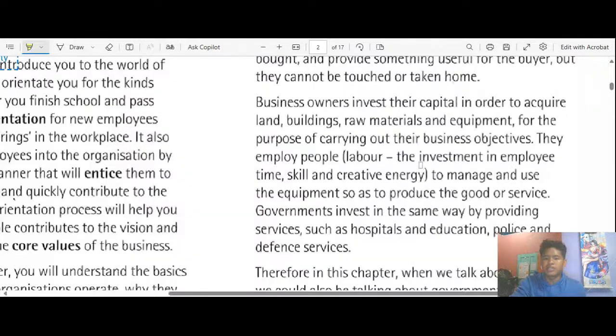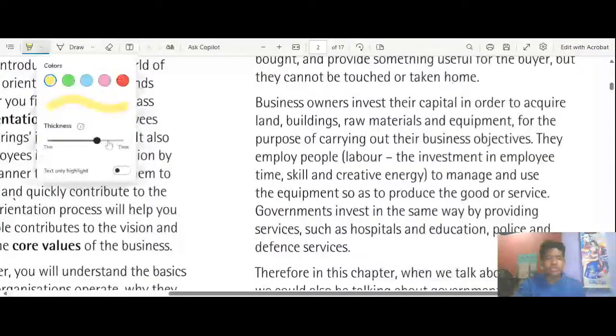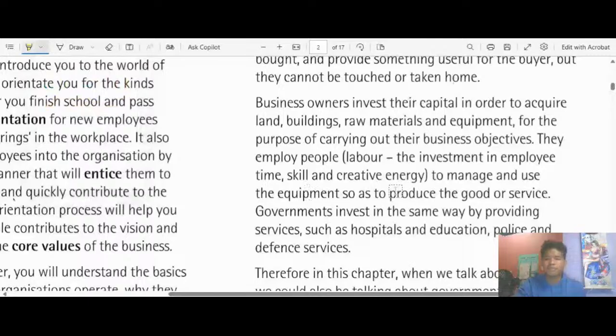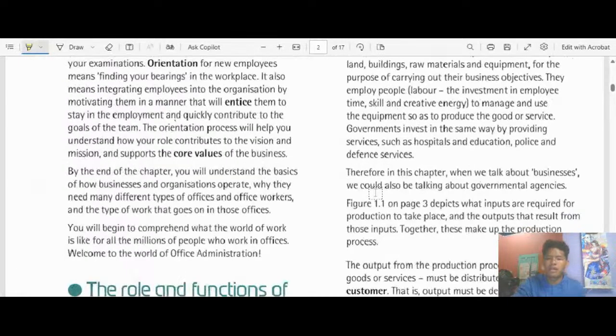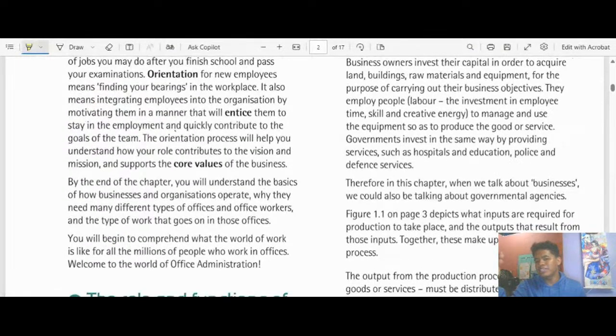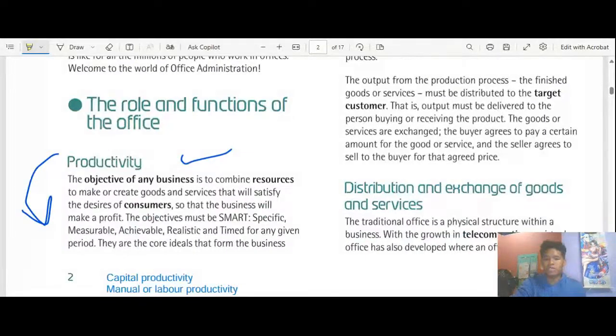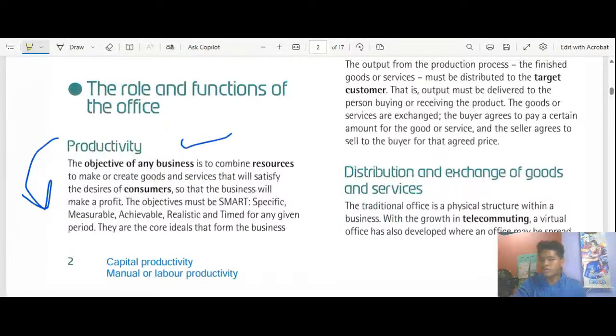So it says here, labor is basically the skills, talents and abilities of persons doing a particular job, in this case, an employee doing a particular job. That is referred to as labor, right? So that is something we want to look at.